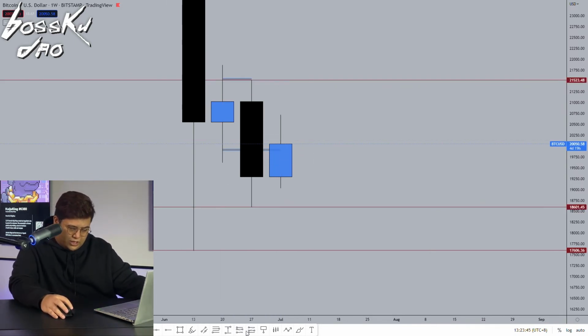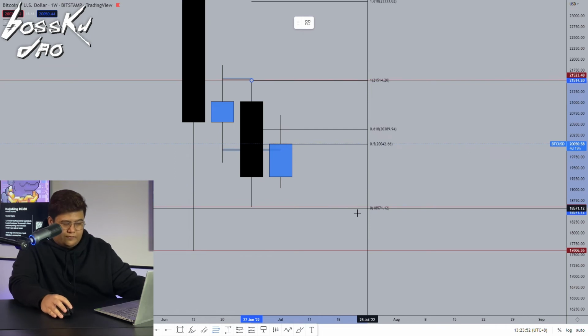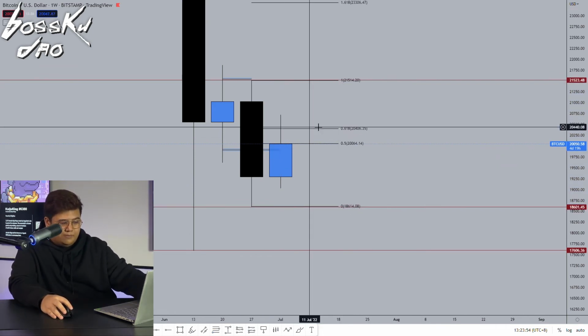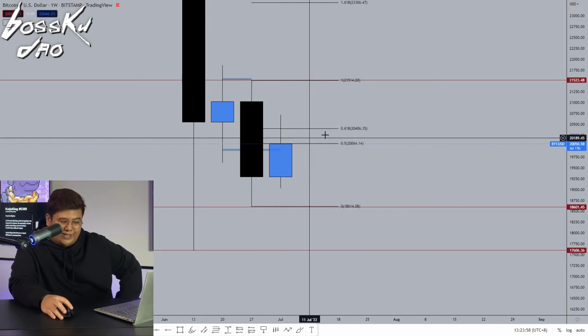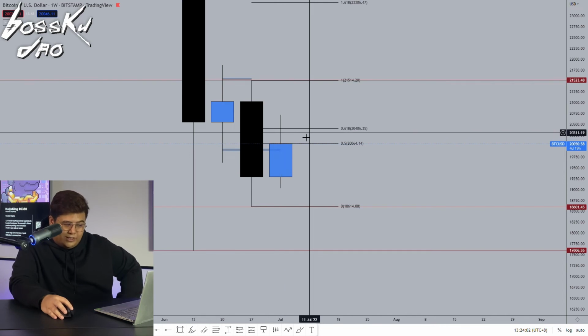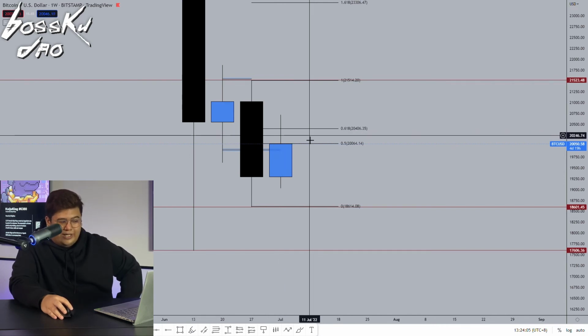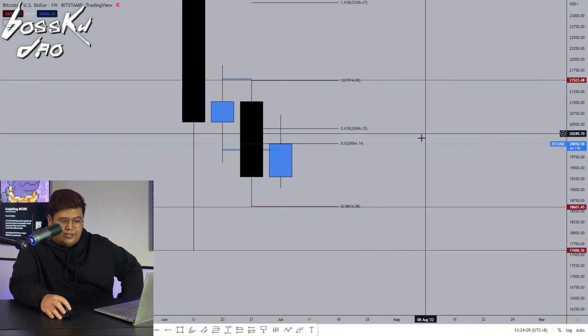You can use the Fibonacci retracement from the top to the bottom. You can see the rejecting levels now are 0.618 and 0.5. So we can expect a huge drop from here if the bear trend still continues to the downside.